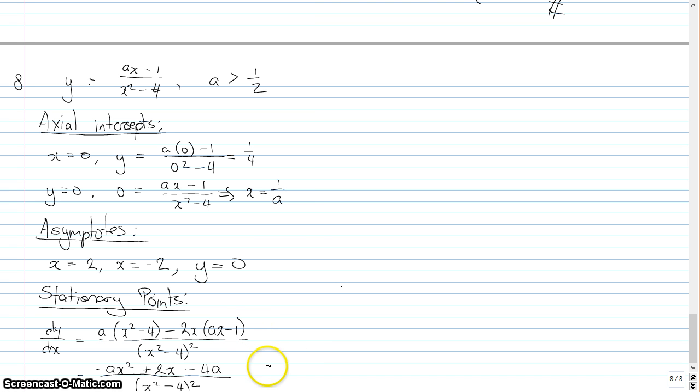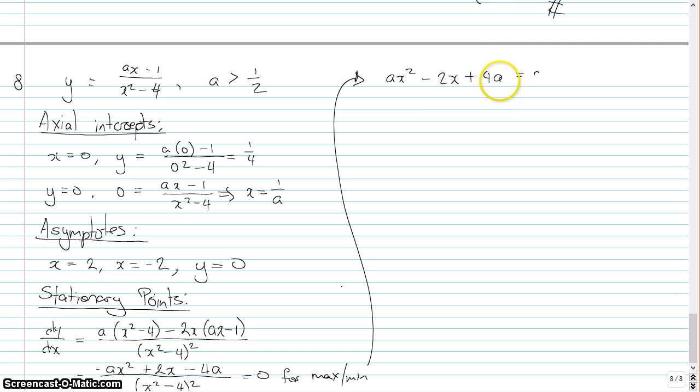And if I want this to equal 0, so I'm going to try for maxima and minima, I then want ax squared minus 2x plus 4a equal to 0. That's just the same thing, except multiplied through by minus 1.